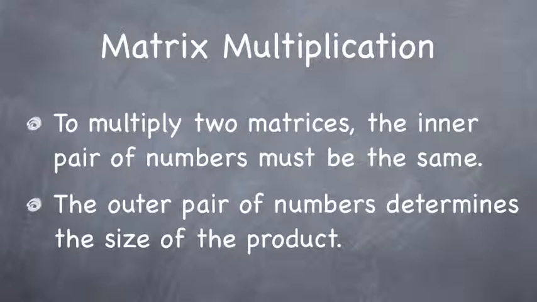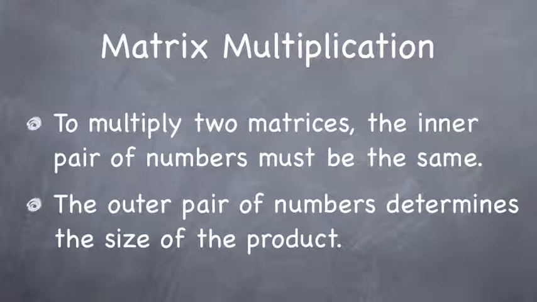So in other words, if we take the size of the two matrices and place them side by side, the size of the first matrix and then the size of the second matrix, we would want the two inner numbers, the number of columns for the first matrix and the number of rows for the second matrix, to be the same.